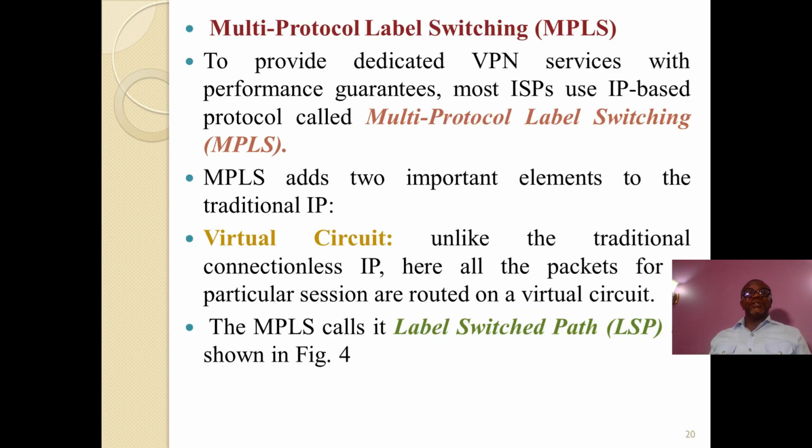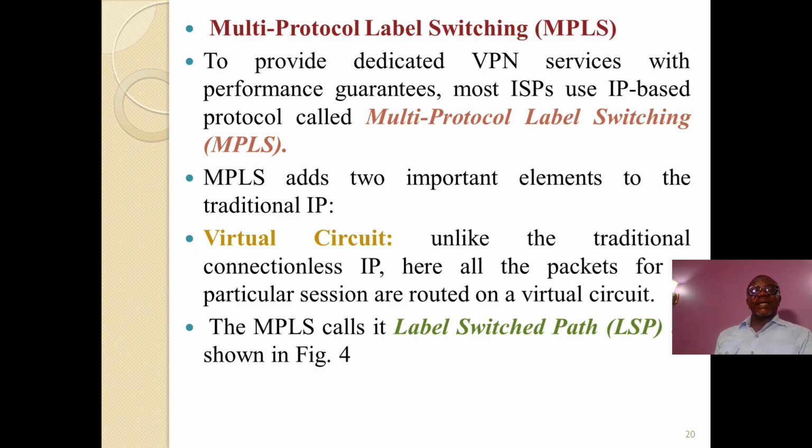So for this dedicated virtual private network, it makes use of a protocol known as the multi-protocol label switching, MPLS, and it makes use of it to provide dedicated VPN services with performance guarantees.